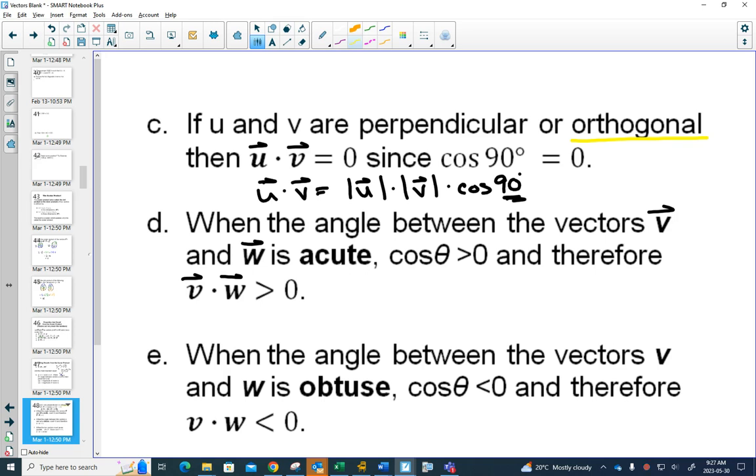But if I had two vectors w and v where the angle between them was more than 90 degrees, you know that cos in quadrant 2, according to your cast rule, is negative. So as soon as your dot product is negative, you would know that the angle between those two vectors is bigger than 90 degrees.